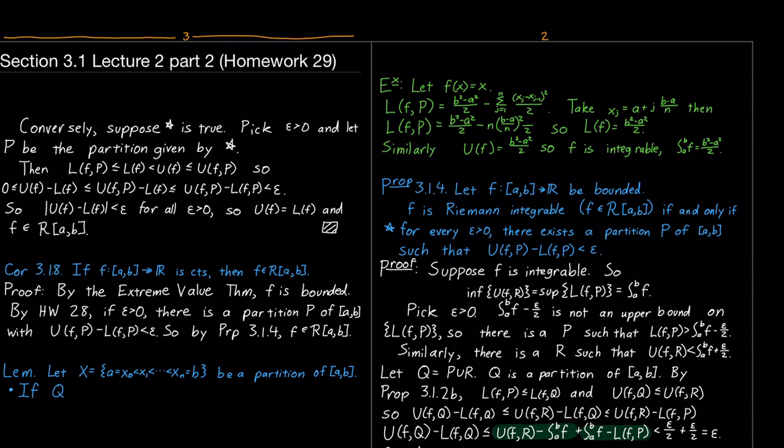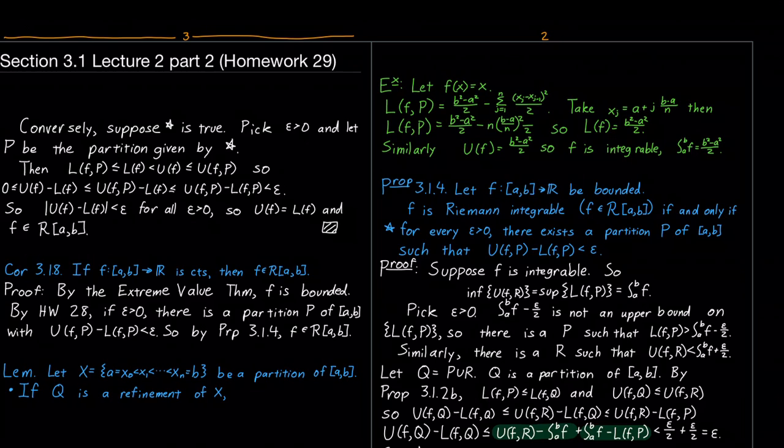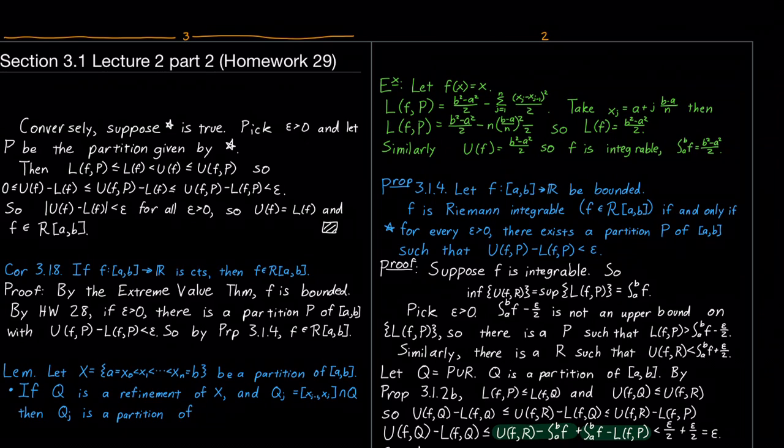If Q is a refinement of X, and Qj is the intersection of Q with the interval from xj minus 1 to xj, then Qj is a partition of this interval, and also Q is the union from j equals 1 to n of Qj.